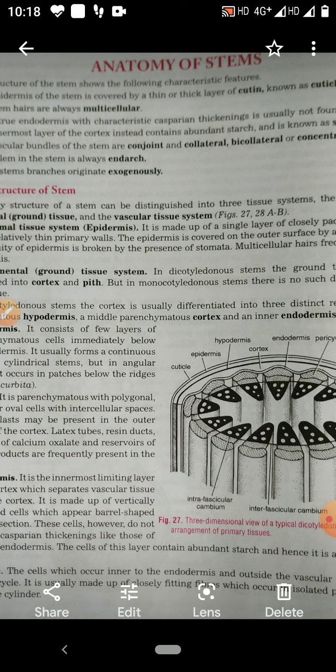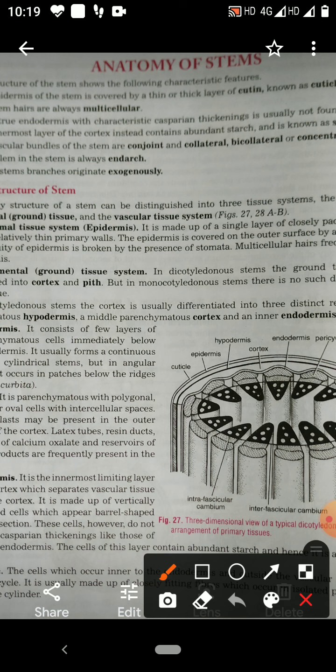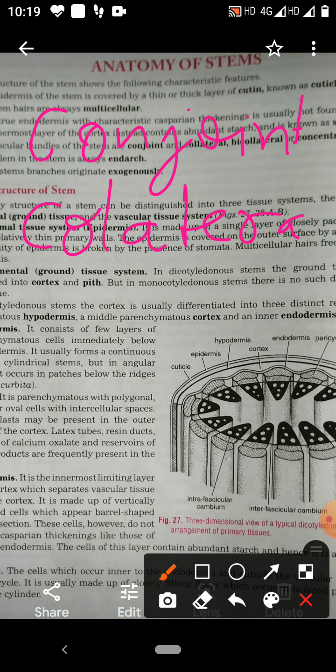Vascular bundles, that is xylem and phloem, are found in the stem. These vascular bundles are conjoint and collateral. Conjoint collateral vascular bundles are found in the stem of the plant.